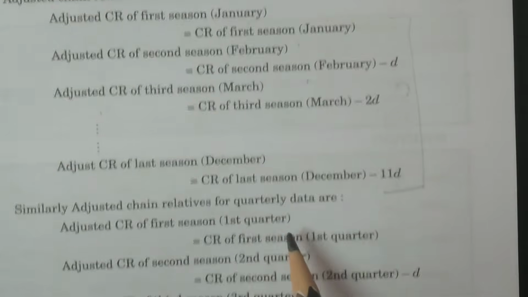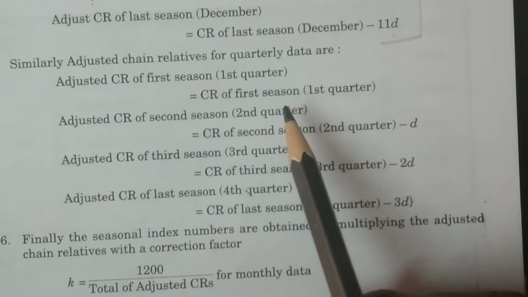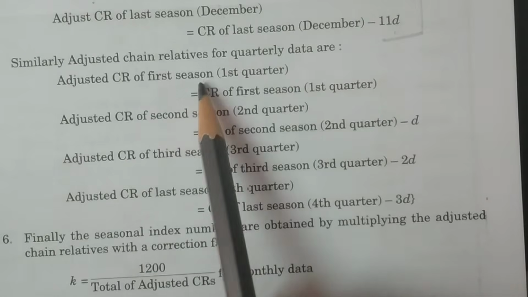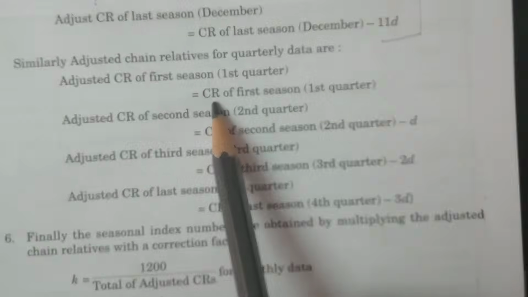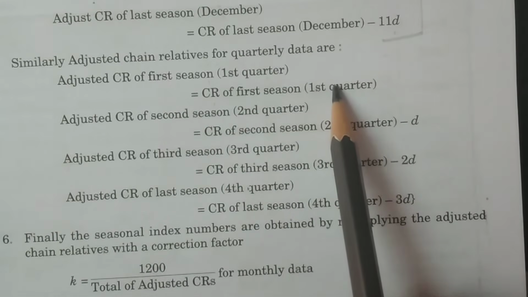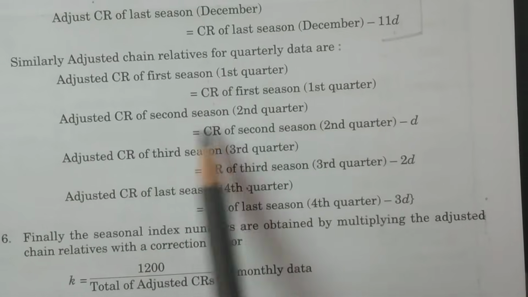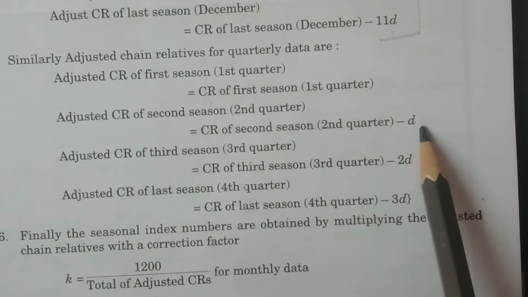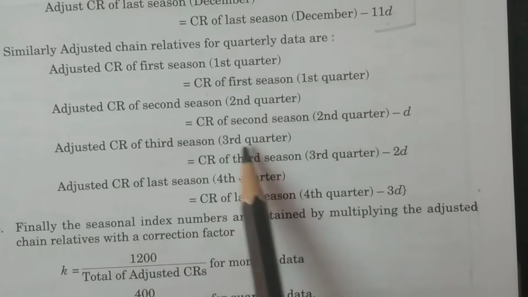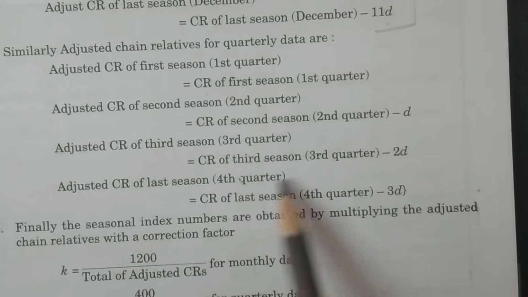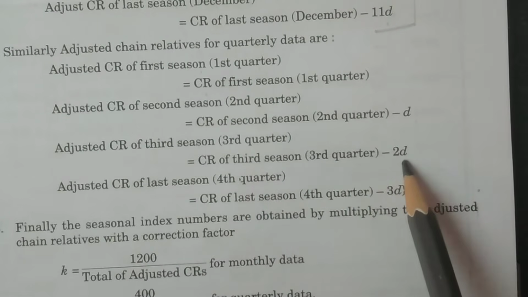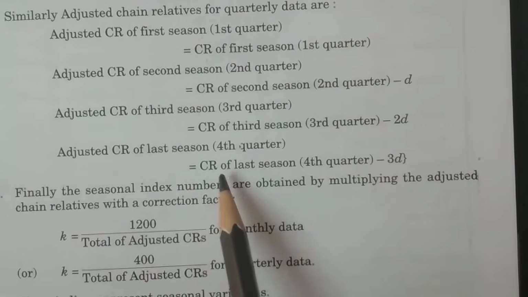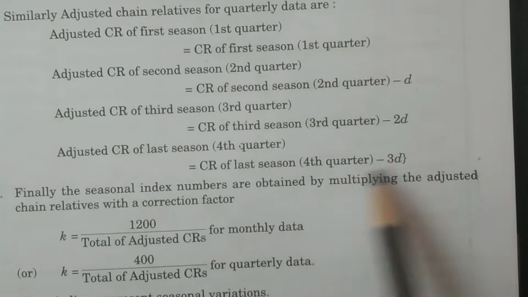Now for quarterly data, the adjusted chain relatives: the adjusted CR of the first quarter is the CR of the first quarter. The adjusted CR of the second quarter is the CR of the second quarter minus D. The adjusted CR of the third quarter is the CR of the third quarter minus 2D. The adjusted CR of the last quarter is the CR of the last quarter minus 3D.